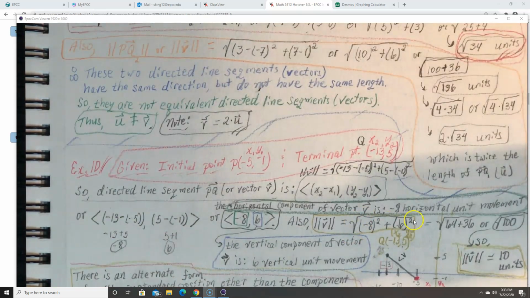So we're right at this point. Well, negative 8 squared, negative 8 times negative 8 is positive 64. 6 times 6 is 36, so 64 plus 36 is 100, and the square root of 100 is 10.